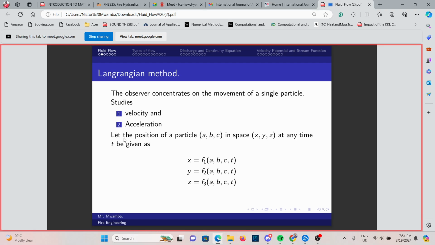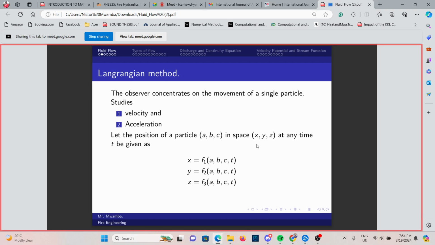So now let us consider a particle in a space xyz, a 3D space.